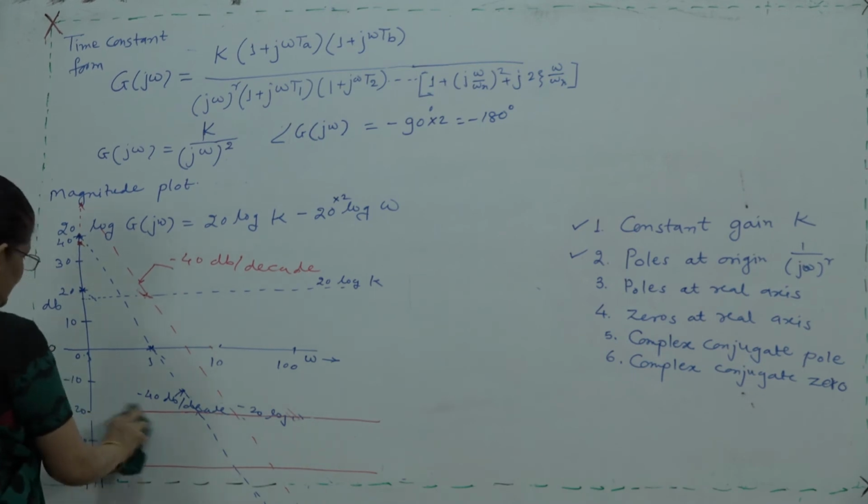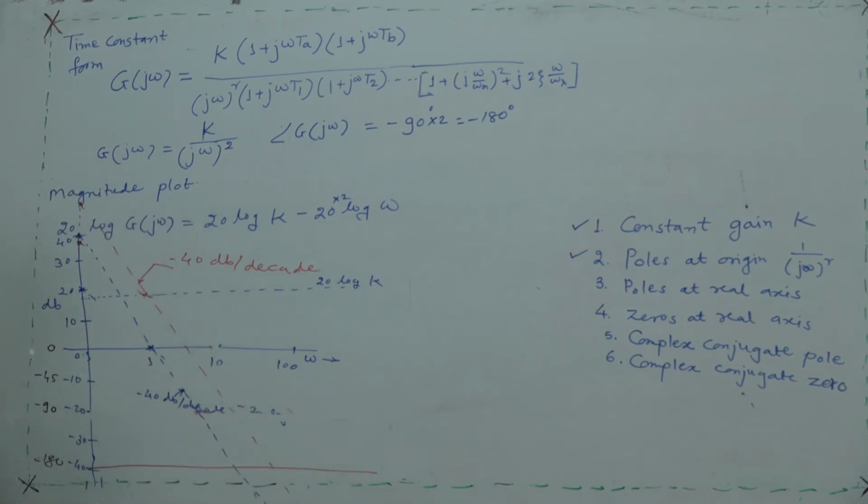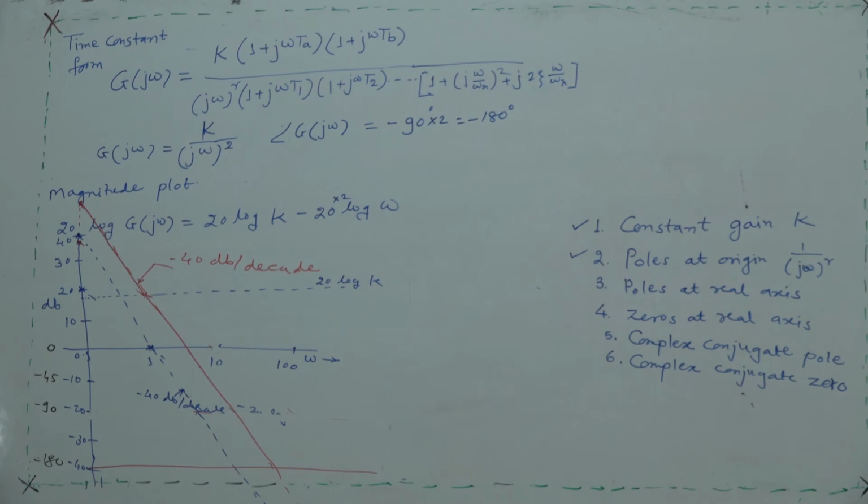So, this is your angle plot, and this is your magnitude plot. Slope of the line is minus 40 dB per decade.